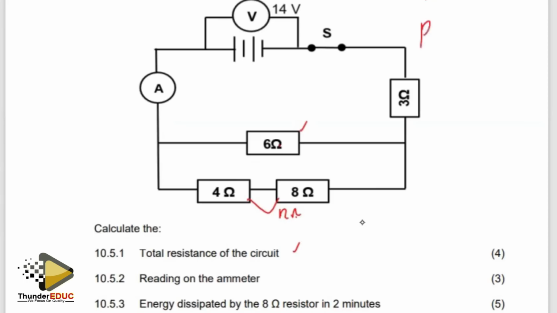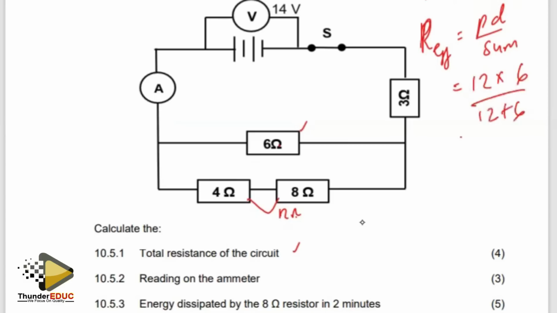For me to get that, I normally use the product over the sum, as long as I have two resistors that are in parallel. So the product will be 12 times 6 over 12 plus 6. That is over 18, which is 4. So everything here reduces to just 4 ohms. But then this result will be in series with the 3. So 4 ohms plus the 3 ohms gives us 7 ohms.